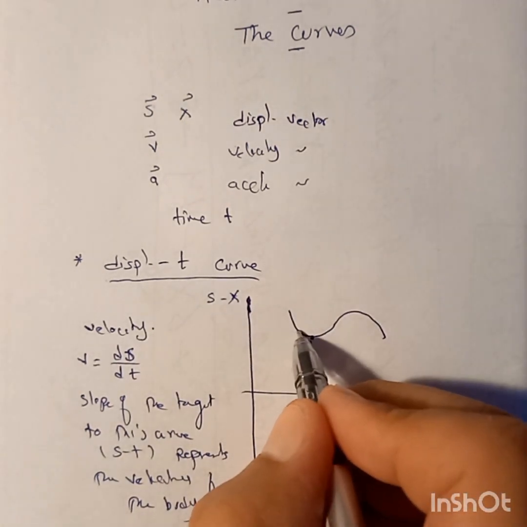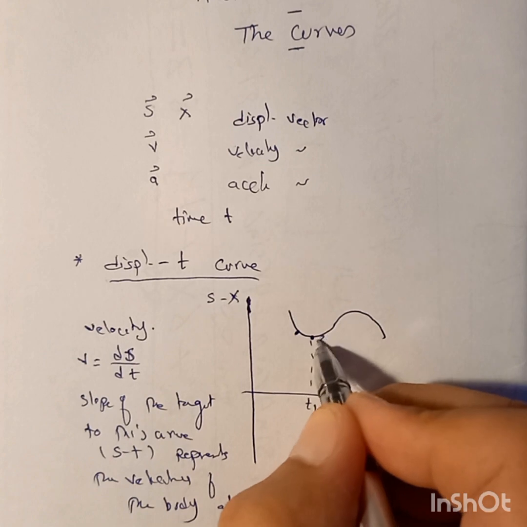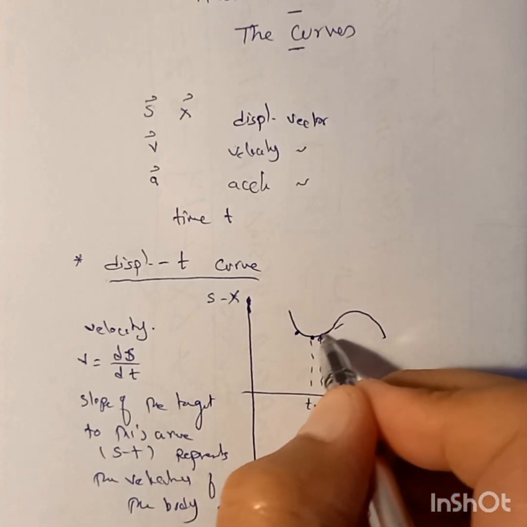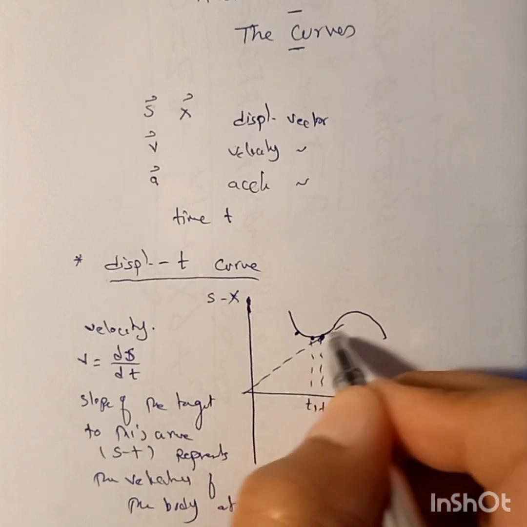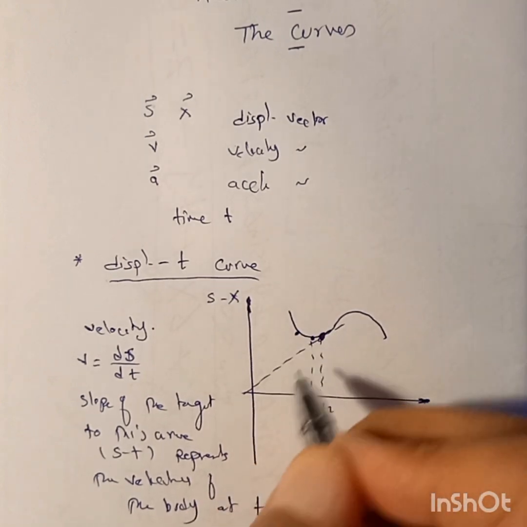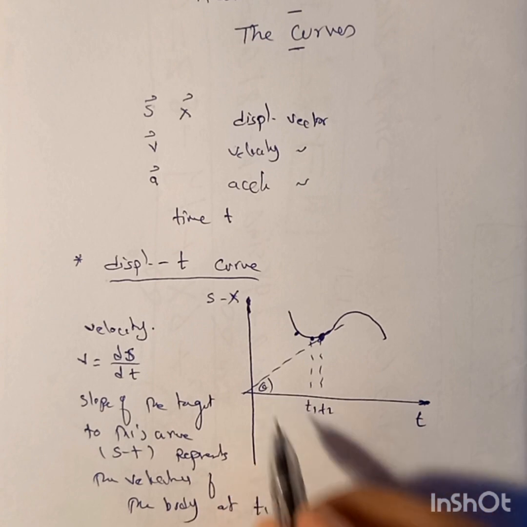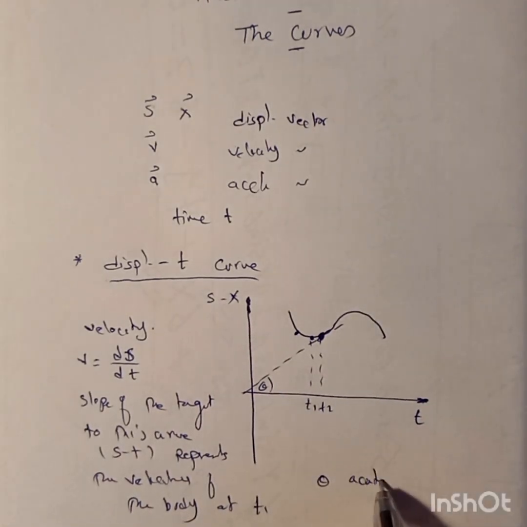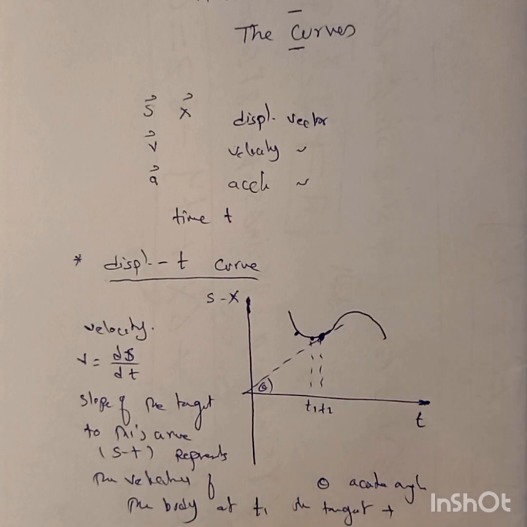For example, if we have here this time t2, and we make a tangent to this curve at this point, and we have here theta. If theta is an acute angle, then the slope of the tangent is positive, and consequently velocity is positive as well.